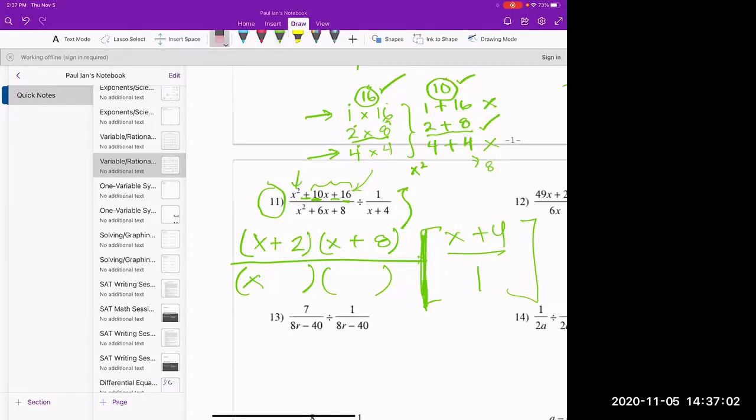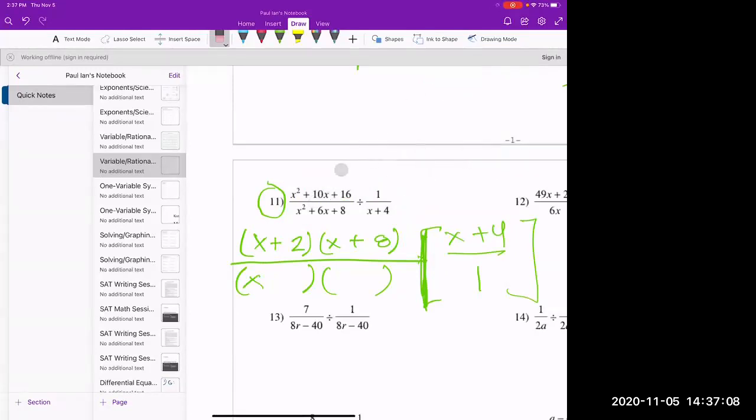After we figured out this numerator, let's check if what we assumed is correct after we actually multiply it out. So we have here x plus 2 and x plus 8. And this is how you multiply this usually. You do the first one first. You distribute the first one. So x squared plus 8x, right?